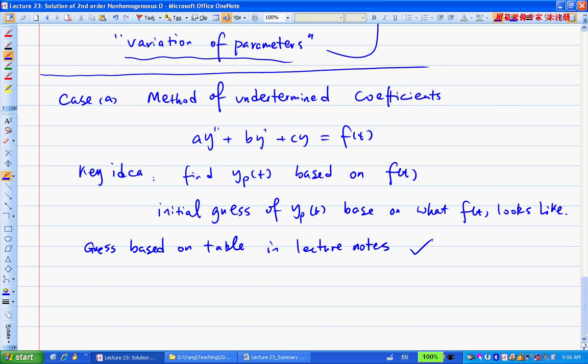However, there are a couple of rules you still have to follow. This first one here, the guess, I will call it the basic rule.